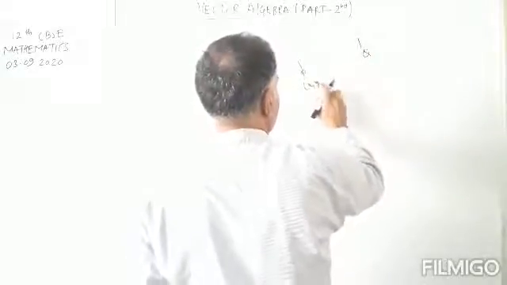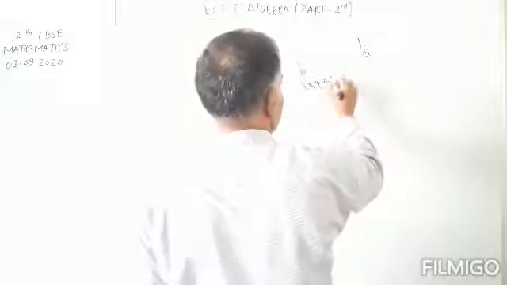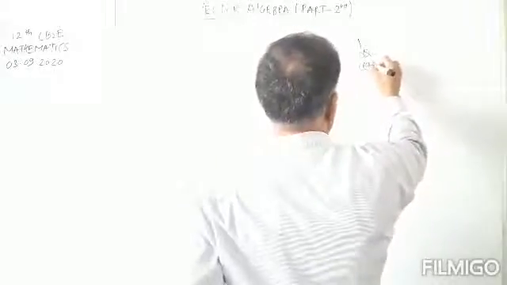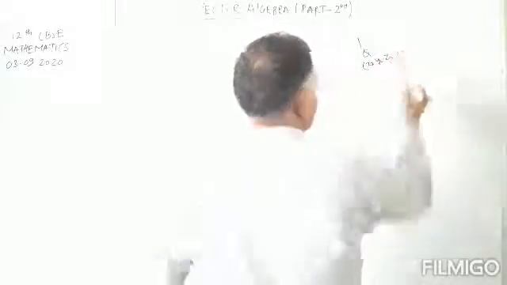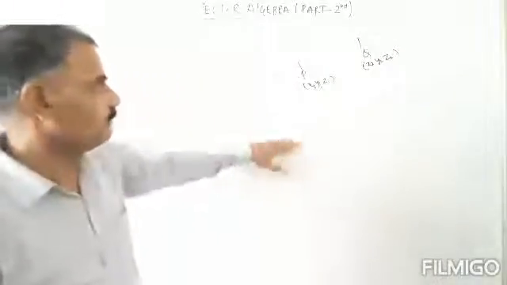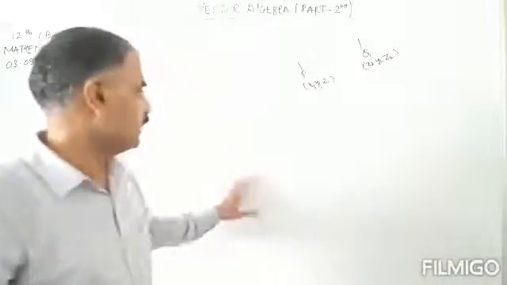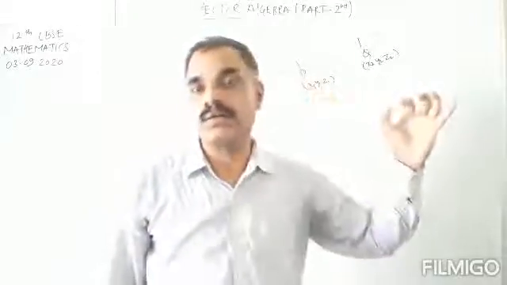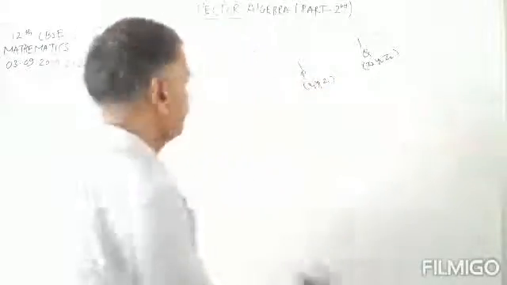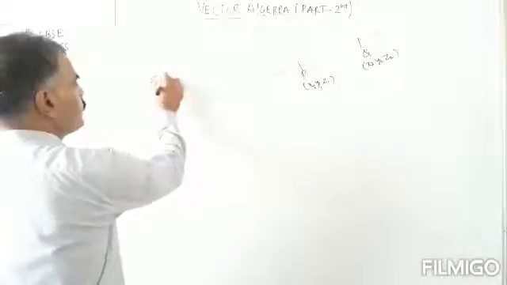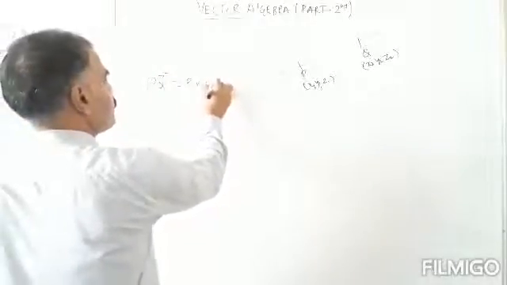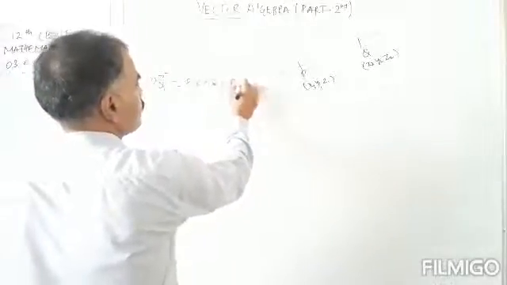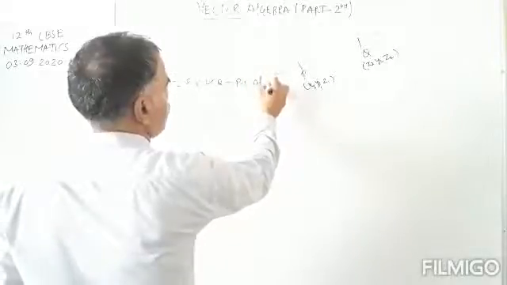Coordinates of P are x1, y1 and z1, and coordinates of Q are x2, y2 and z2. Okay. Now the position vector of this PQ vector: PQ vector is equal to position vector of Q minus position vector of P.